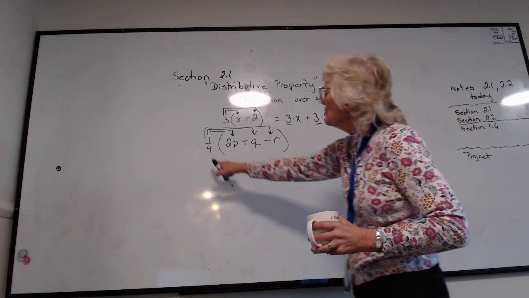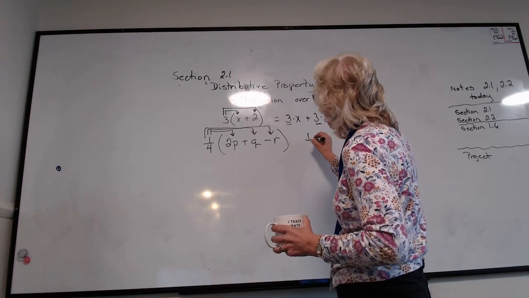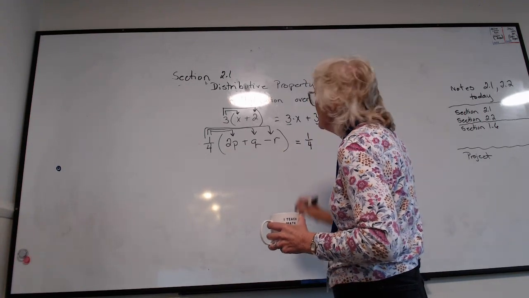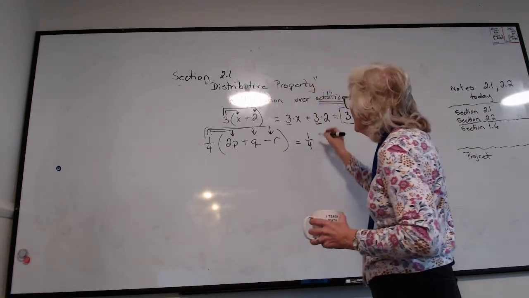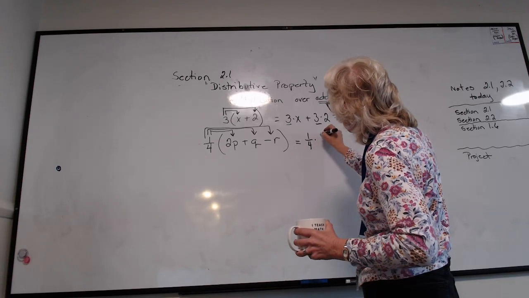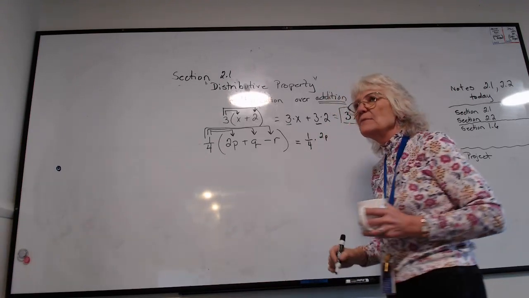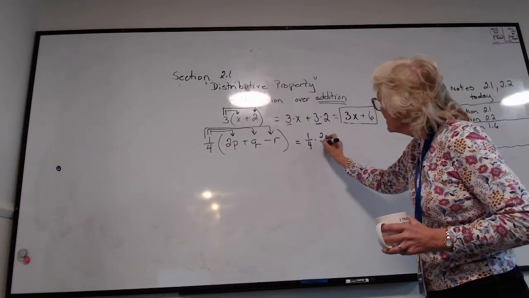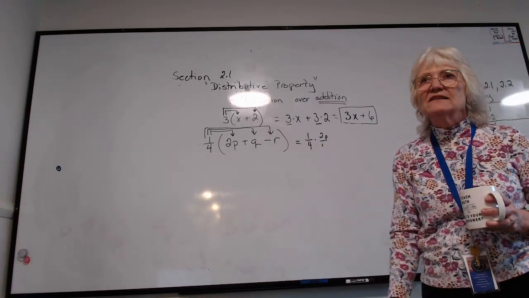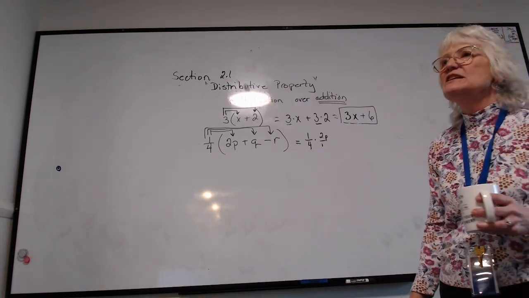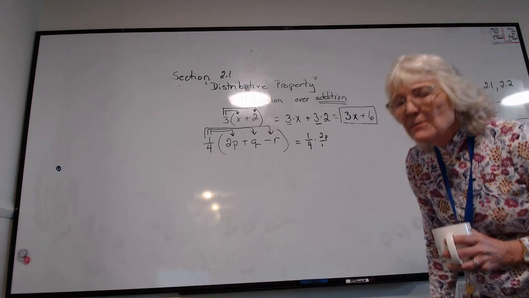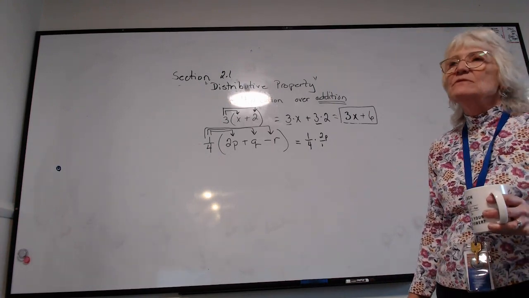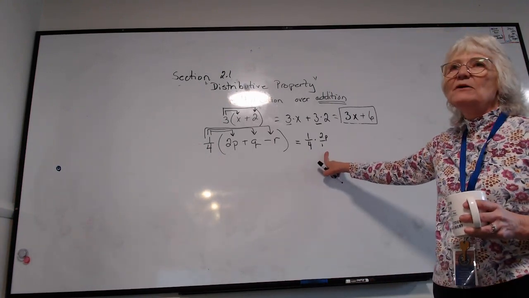Okay, so this is 1/4 times 2, and if fractions are not your quickest thing, this is times 2p. The 2p would be up above, and there would actually be a 1 underneath that, because anytime I'm changing a number or variable into a fraction, we just divide it by 1.